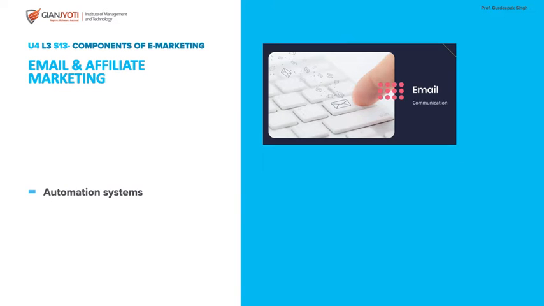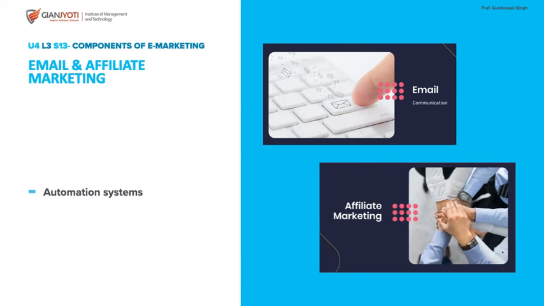Similarly, you have email and affiliate marketing. You can do email marketing in a big way, and there are now automated systems where you can design your emails and automated mails go out to different groups. That's another good medium.